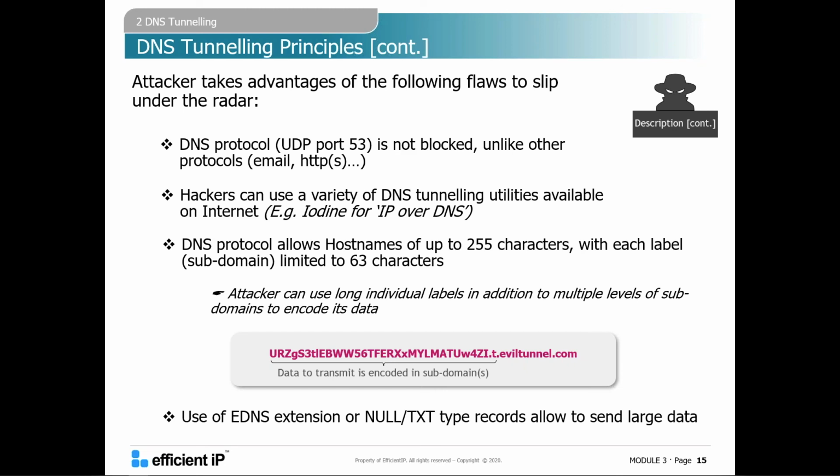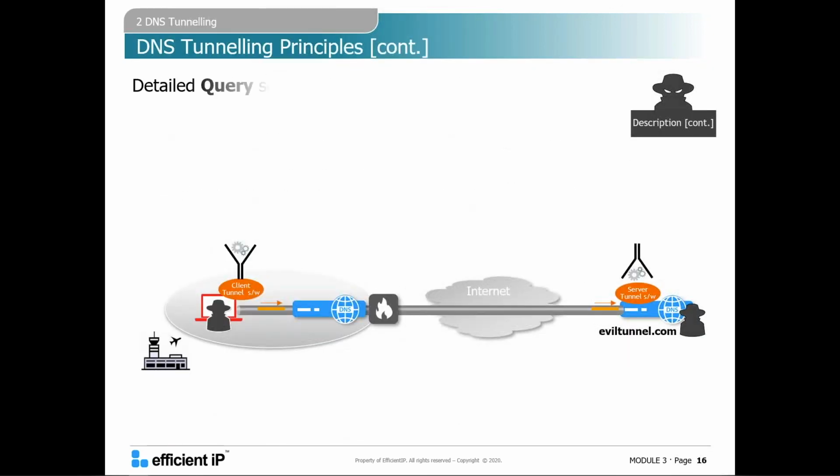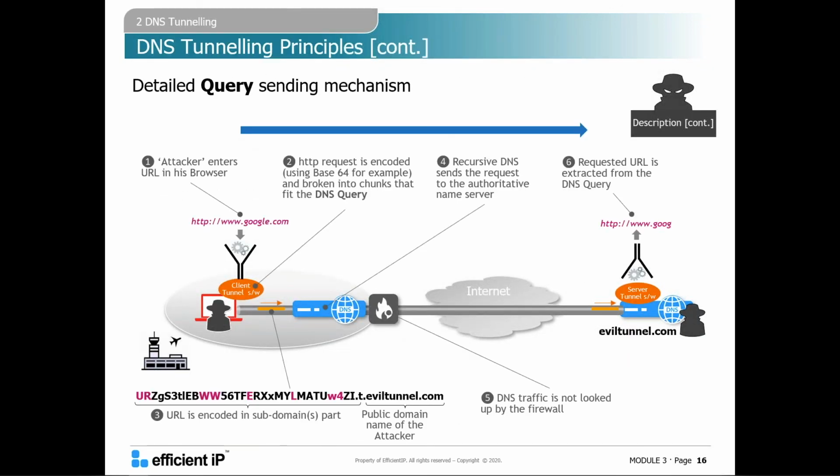If you ask me, 4 kilobytes of data is pretty huge for a query, right? And this is what the hacker normally uses to send data out to the internet.